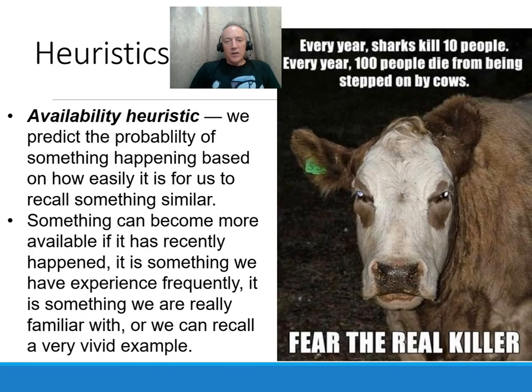So there's a couple of main types of heuristics that we use. The first is known as the availability heuristic.